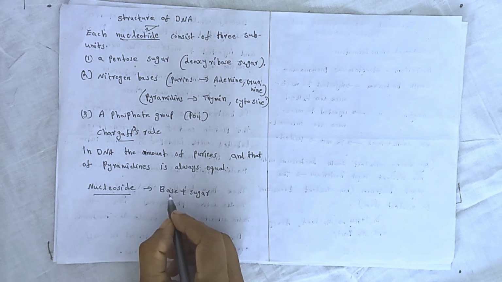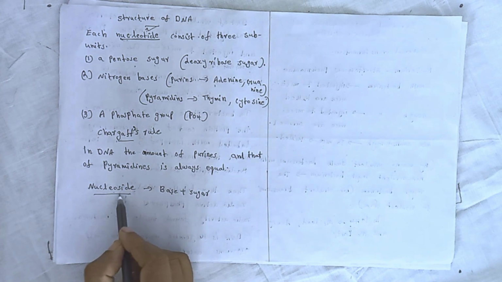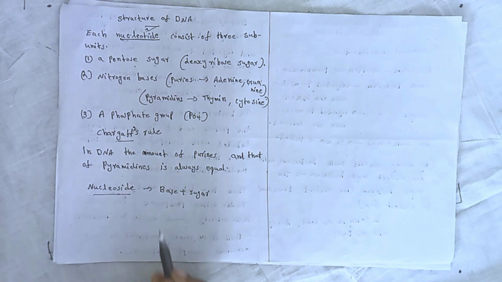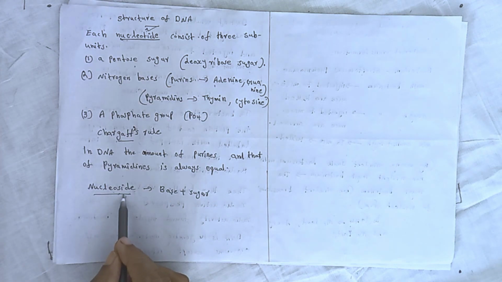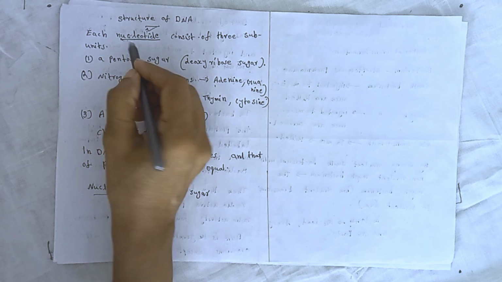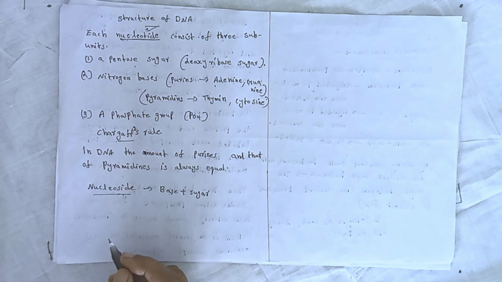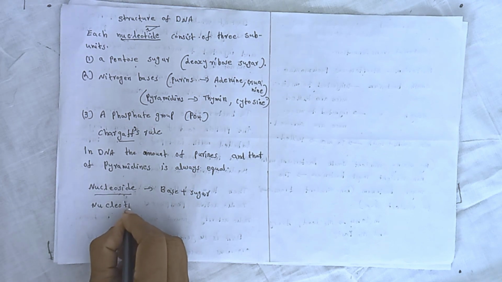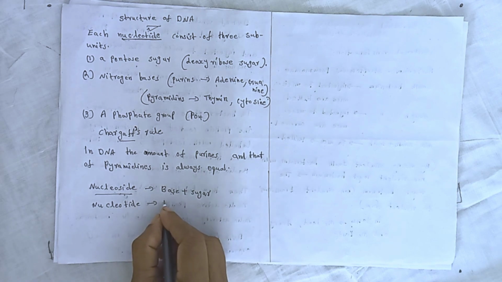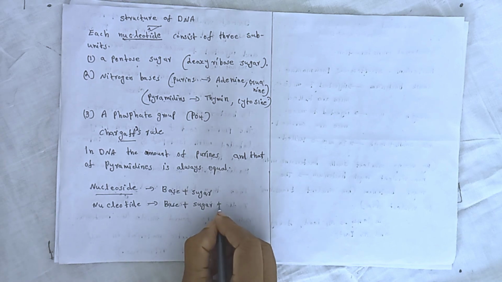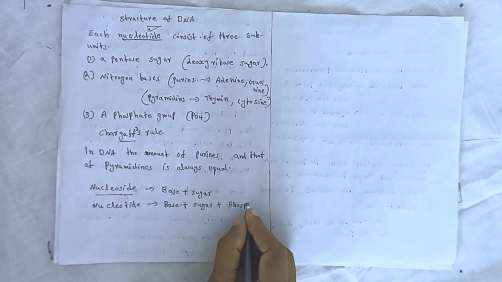A nucleotide means these three parts together: nitrogen base plus sugar molecule plus phosphate molecule.